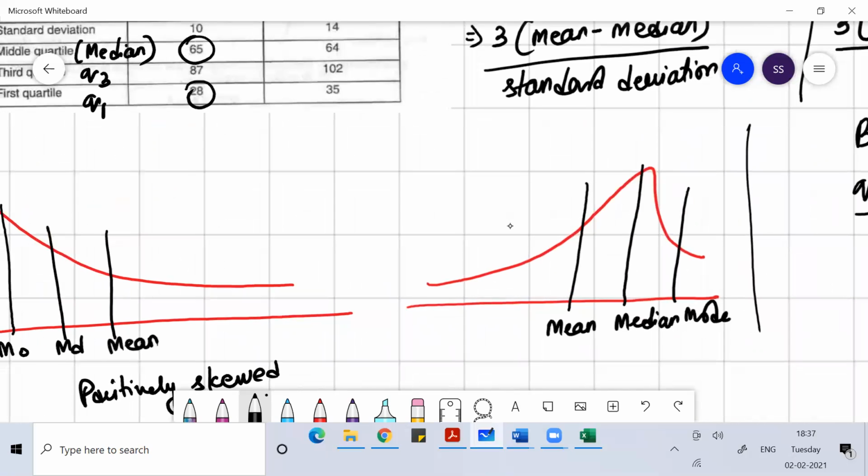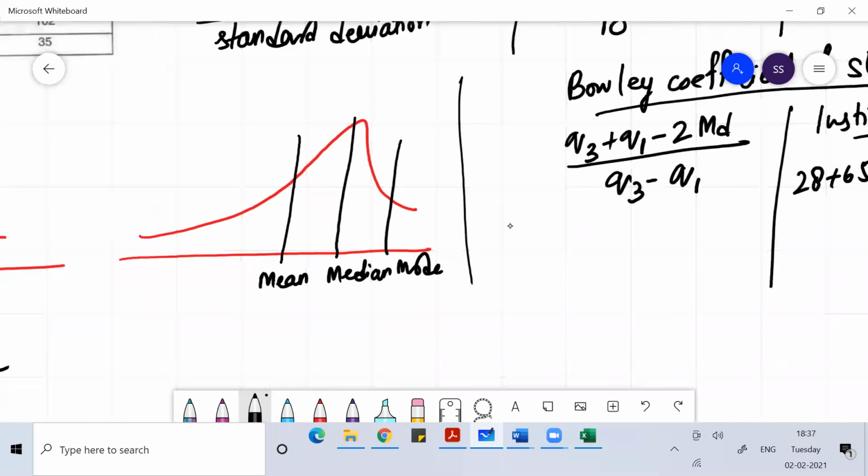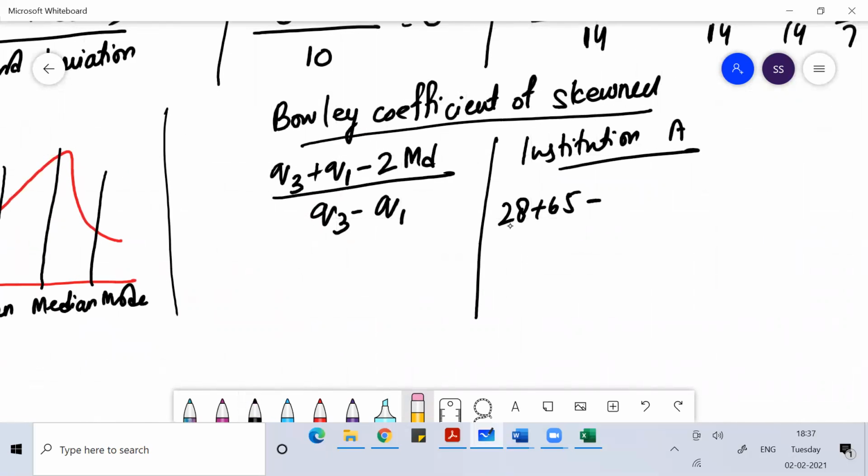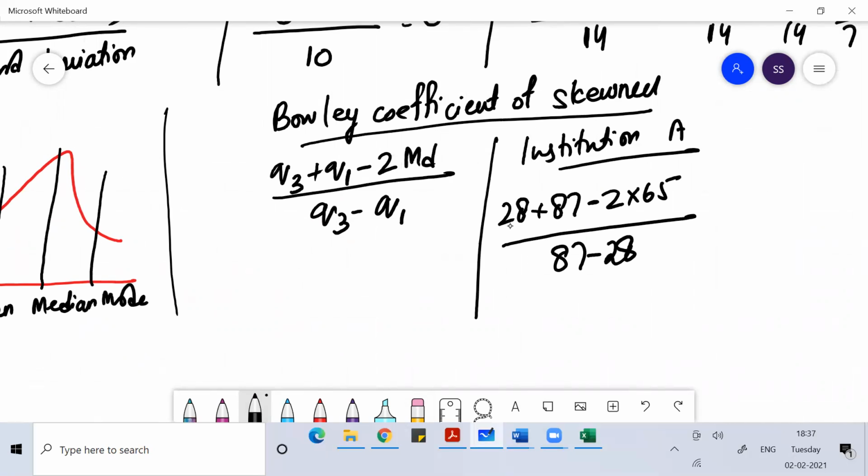So 28 plus 87 minus 2 times of 65, divided by 87 minus 28. Correct, right? So you'll get this value for institution A.